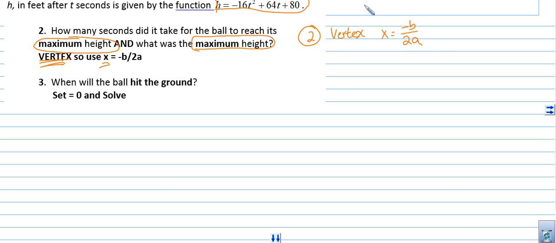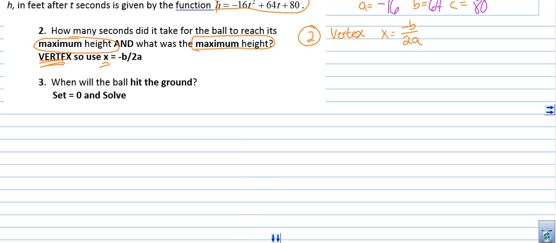We're going to figure out what my a equals, my b equals, and my c equals. Well, a is the thing that has a square on it, so that's the negative 16. B has just the letter with no square, that's 64. And c equals 80.